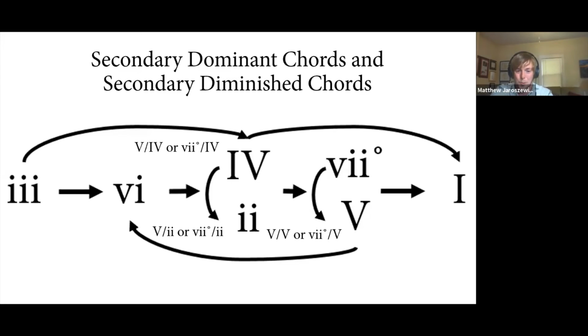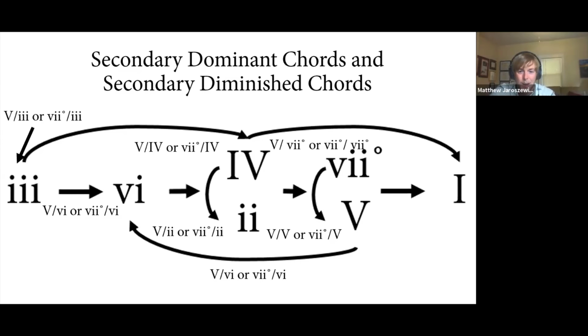We can have 5 of 4 or 7 diminished of 4. 5 of 6 or 7 diminished of 6. We can even have 5 of 6 coming from 5 in our deceptive progression. We can have 5 of 3 or 7 diminished of 3. We, however, cannot have 5 of 7 or 7 of 7.